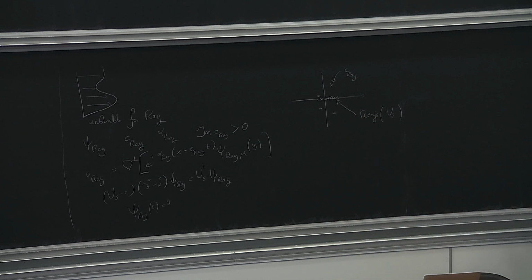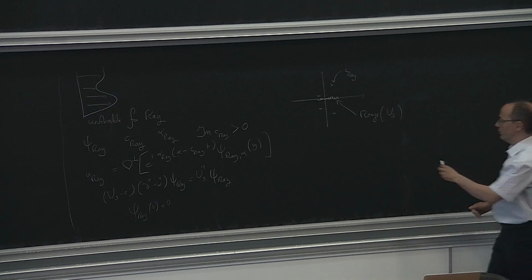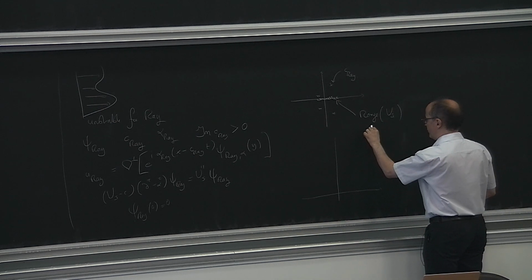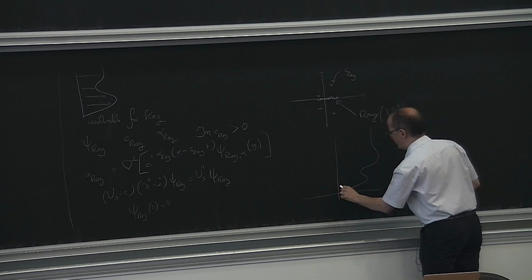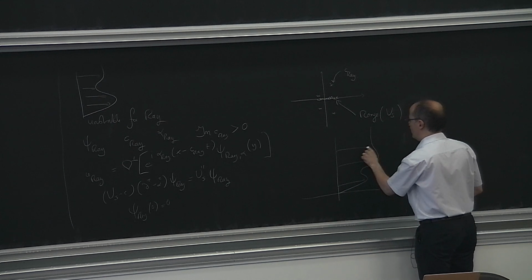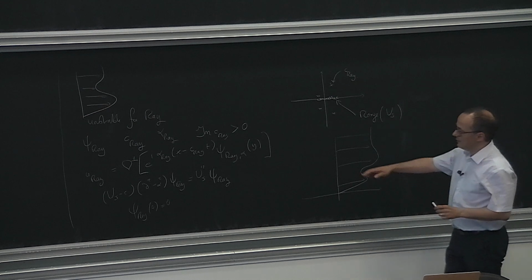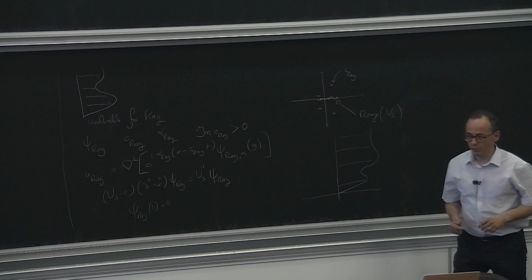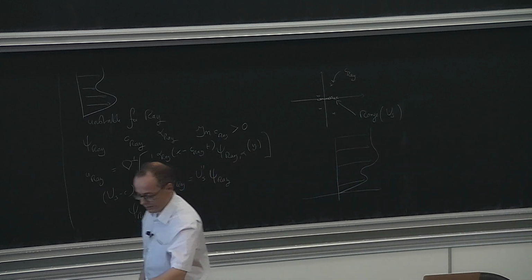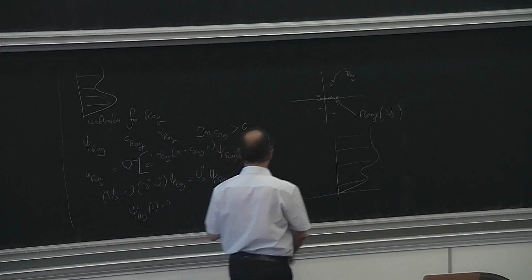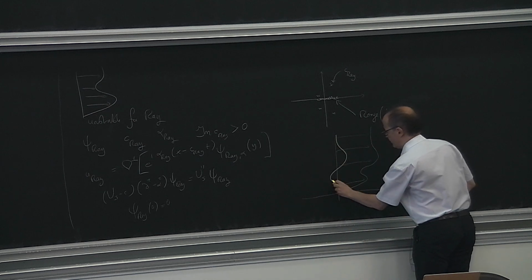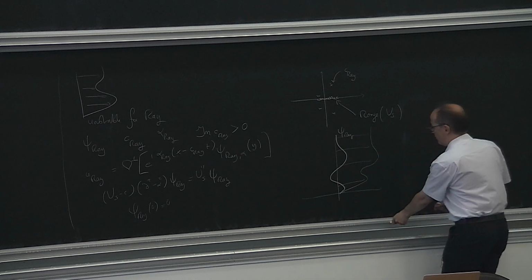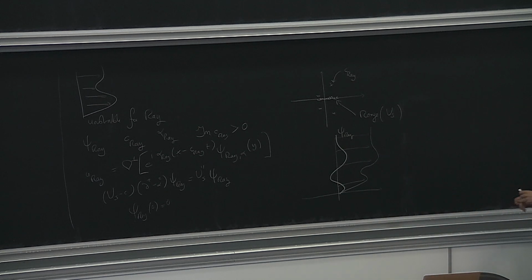So when you look at this kind of profile, what do you get? You have your shear layer profile, and what you get is an unstable mode which will grow. So let's put some color on. You will have some psi Rayleigh, which will be growing and growing.